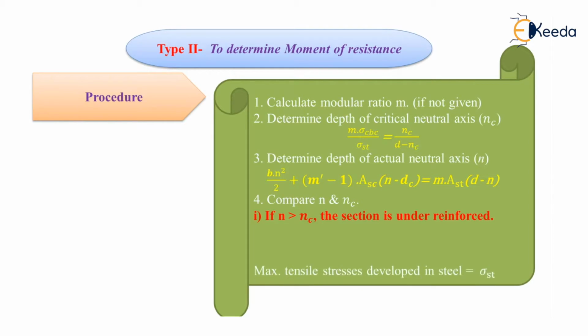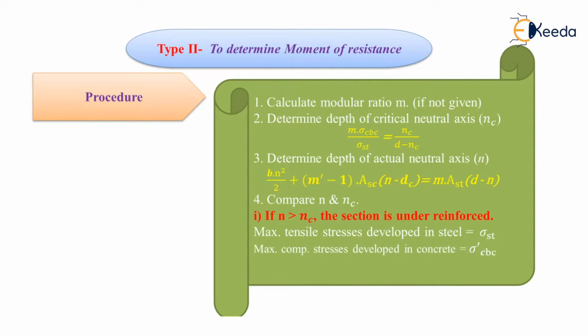In this case, the maximum tensile stress developed in steel will be sigma ST, and maximum compressive stress developed in concrete will be sigma dash CBC. But that sigma dash CBC is less than sigma CBC, that is the actual permissible stress in concrete.